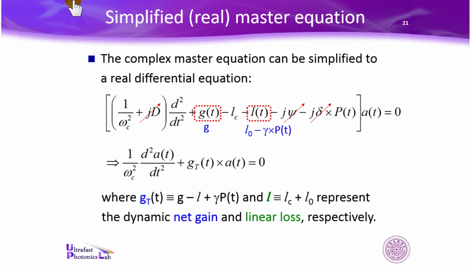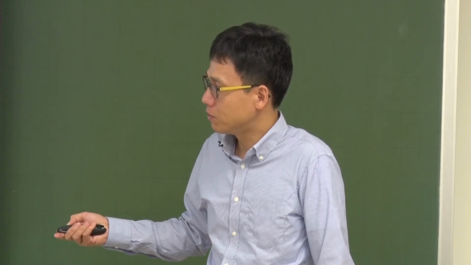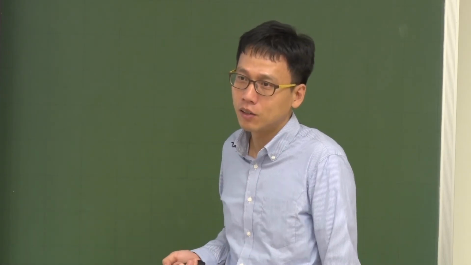And the G sub big T means the net gain. Gain minus total loss, right? L and gamma P of t mean the total loss, the cavity loss and the dynamic loss. So gain minus loss means net gain. Okay? So the physical meaning of this term is net gain.